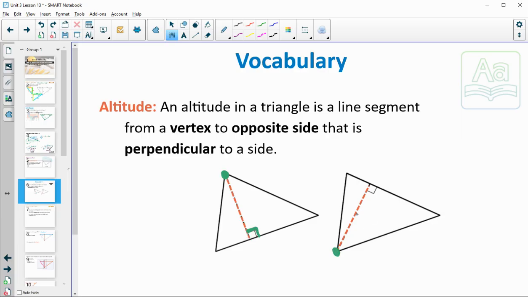So this vertex directly to the other side at a 90-degree angle would be the altitude. It's often also called the height of the triangle. Also, when you're flying a plane, you're flying at an altitude. That's a height, or the perpendicular distance from the plane to the ground.